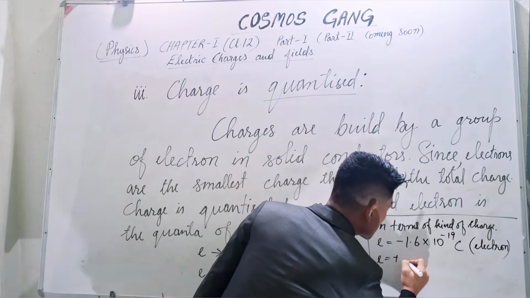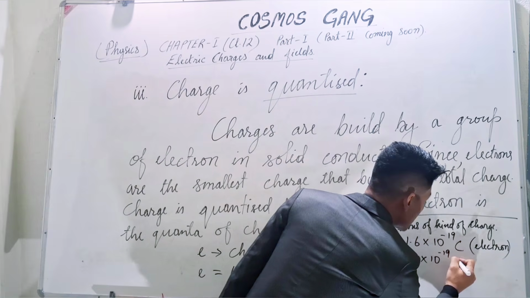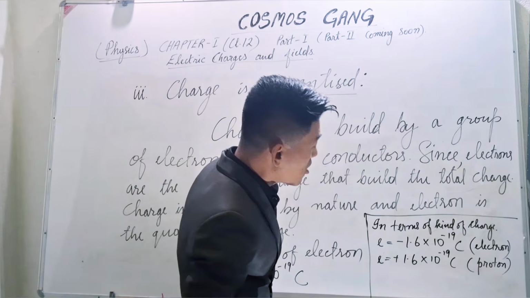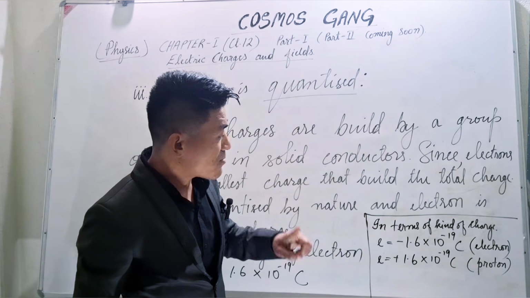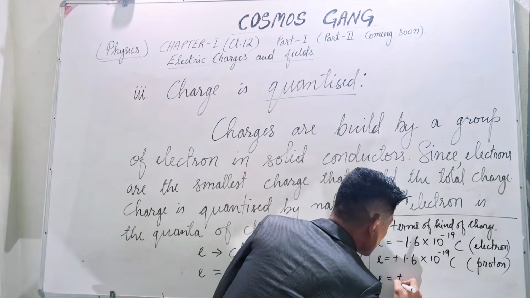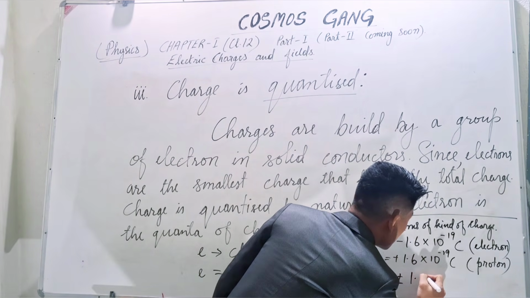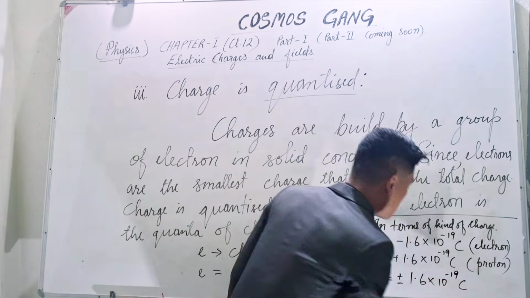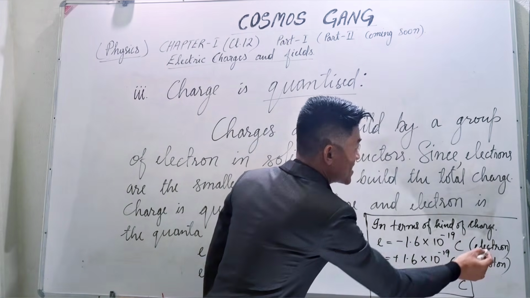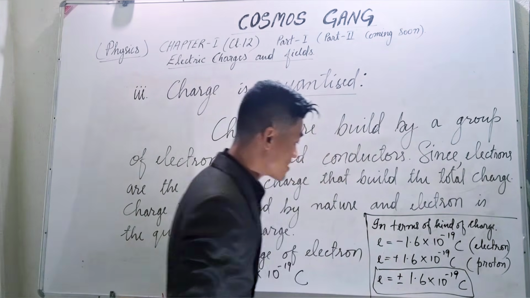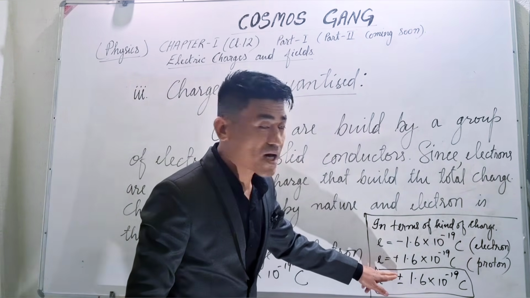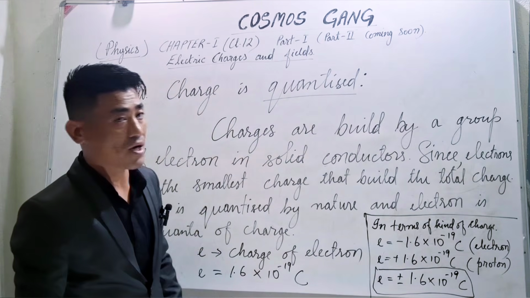For proton, it will be plus 1.6 into 10 to the power minus 19 coulomb. So together, since electron and proton have the same charge magnitude, in general we can write e equals plus or minus 1.6 into 10 to the power minus 19 coulomb, depending on whether it is an electron or proton. But as I said, if it is just magnitude, we never consider plus or minus. We just use the value to calculate.